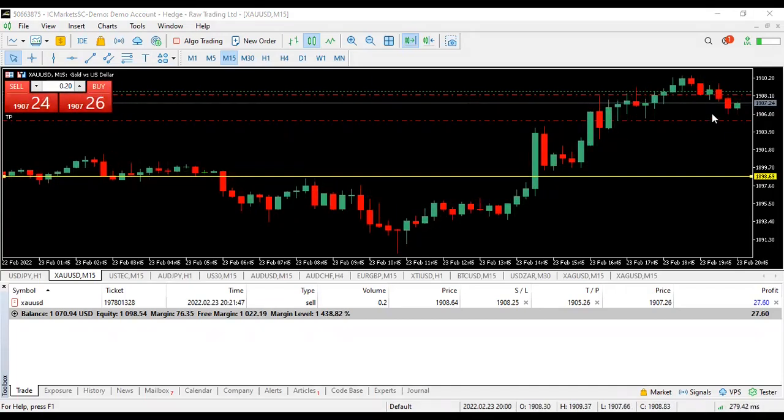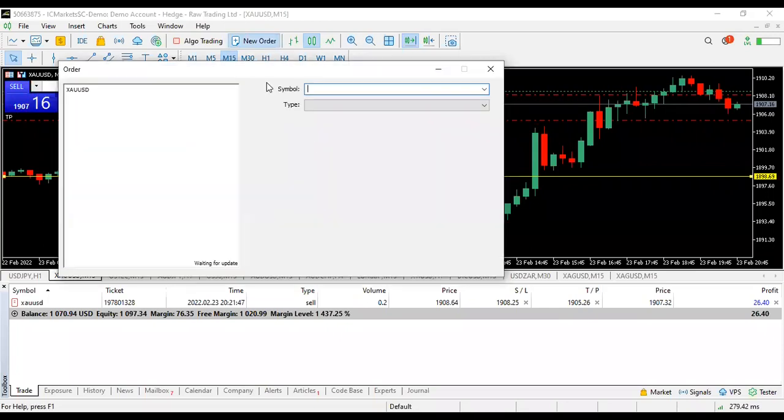This is our trade, it's still running. This is how we place a trade when we are on our PC. Remember, I said we go to a new order. Okay, this is a recap. We go to a new order, and something like this will pop out.